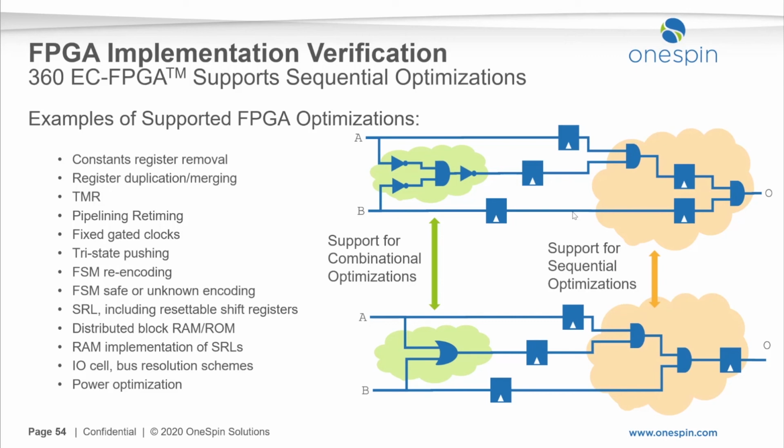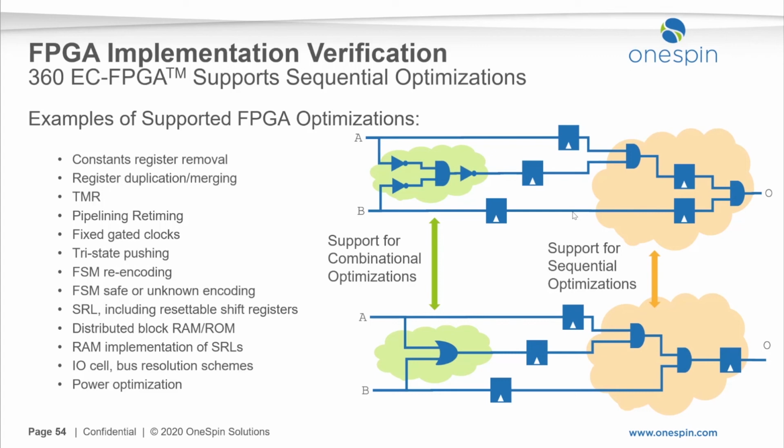Now you might say, why would I have to do this if I trust that the synthesis tool works correctly? And yes, you might have a point there, but consider this, right? It's really not easy for the vendors to verify and validate every possible combination of optimizations with every possible type of RTL.